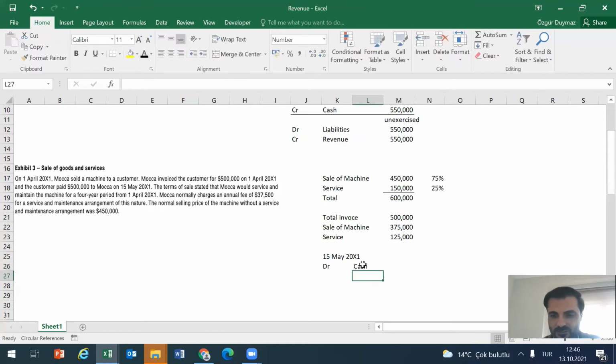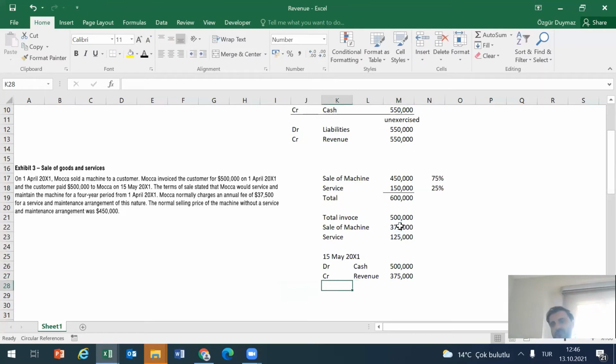Then cash 500, already collected, and revenue of machinery should be recorded here.